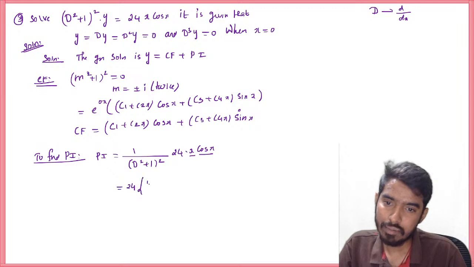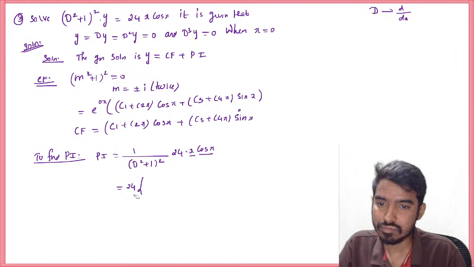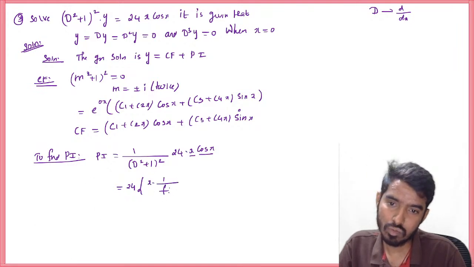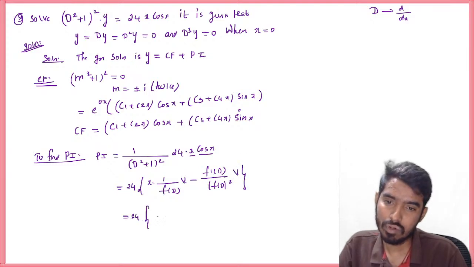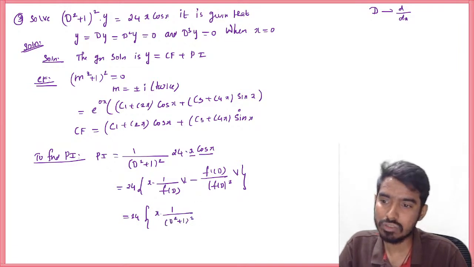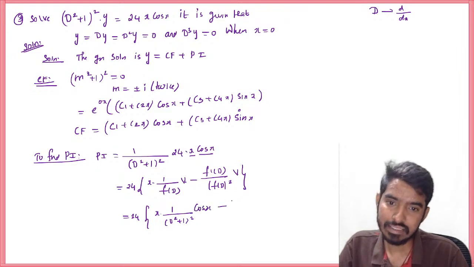So 1 by f of d, x into v: x into 1 by f of d of v minus f dash of d by f of d whole square into v. So this will be 24 x into 1 by f of d, which is (d square plus 1) whole square, cos x minus f dash of d.